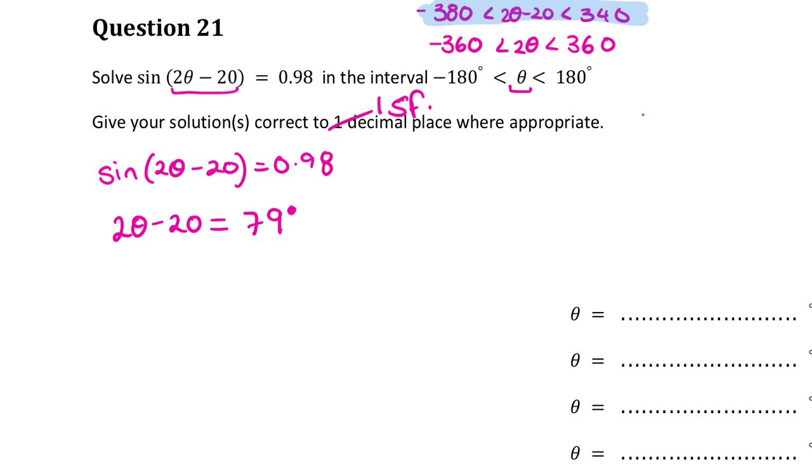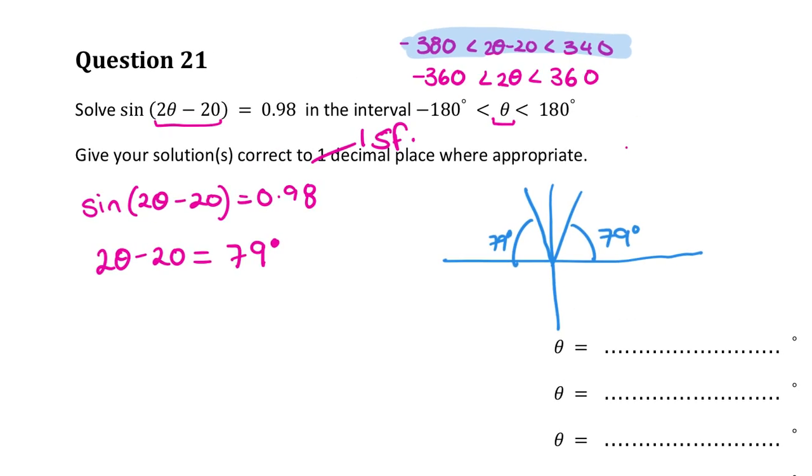Okay, so now we're going to draw our CAST diagram. We know our angle is 79 degrees. This is sine, so we take this to the opposite side here. Okay, and remember, we are now going from minus 380 to 340.